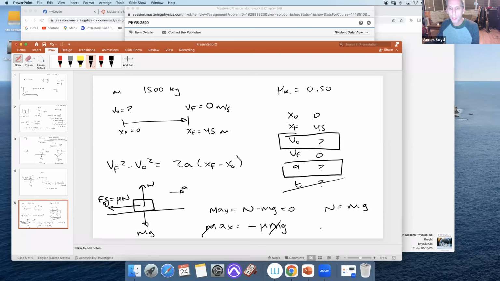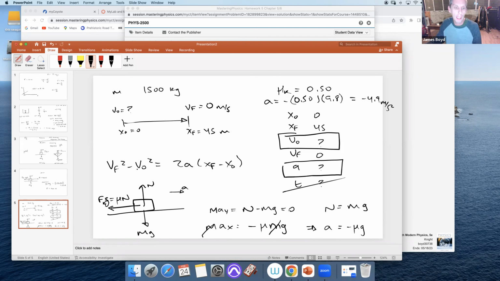Cancel these, and we get that a is negative mu g, or a is negative 0.50, or a half, times 9.8. And that gives us 0.5 times 9.8, negative 4.9 meters per second squared.